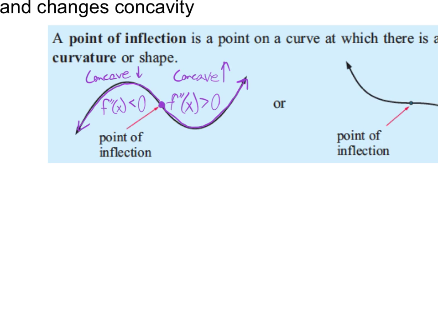That point of inflection is obviously the point between those, and that's where our second derivative equals 0.